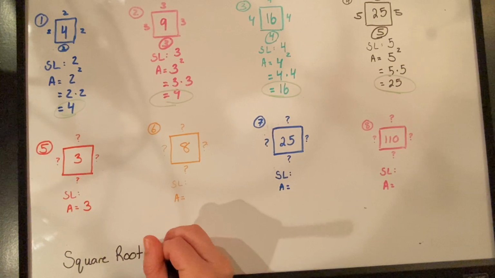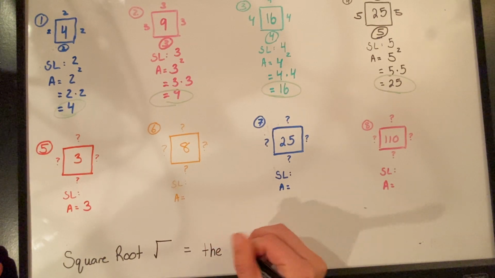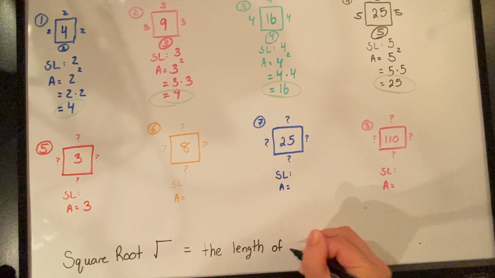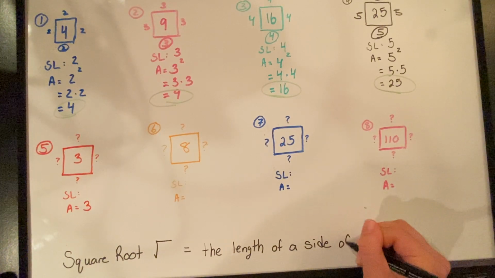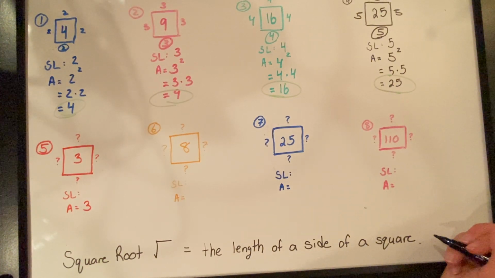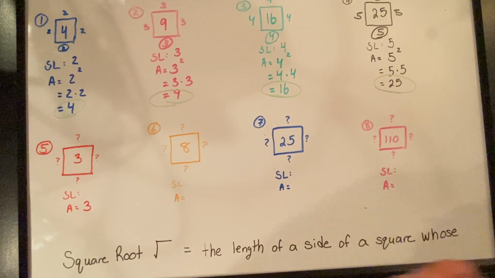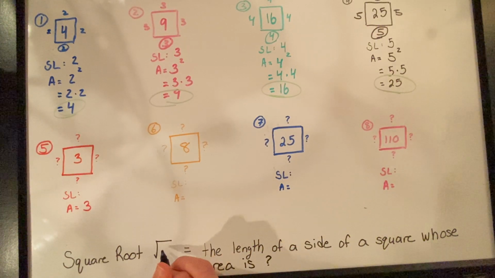And the square root looks like this. So what does the square root mean? The square root is the length of a side of a square whose area is question mark. Okay.